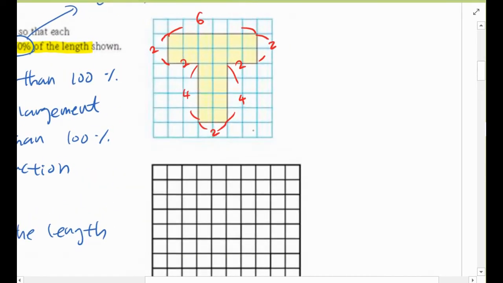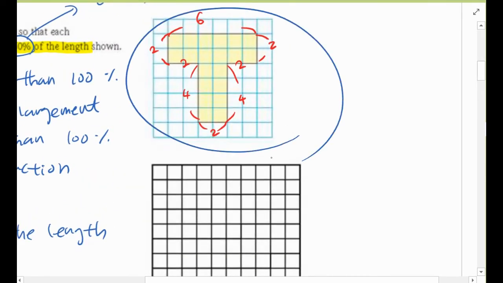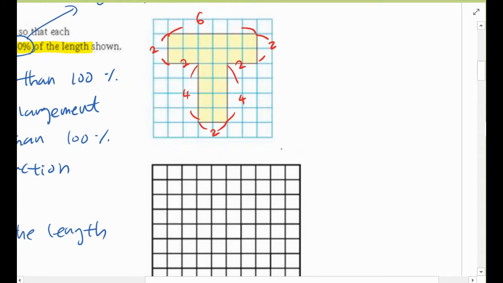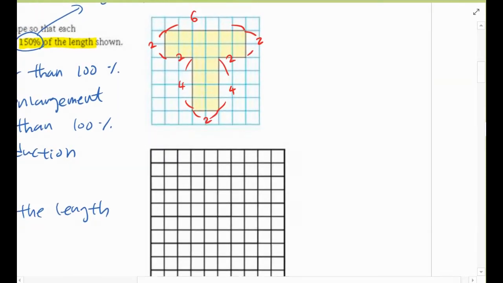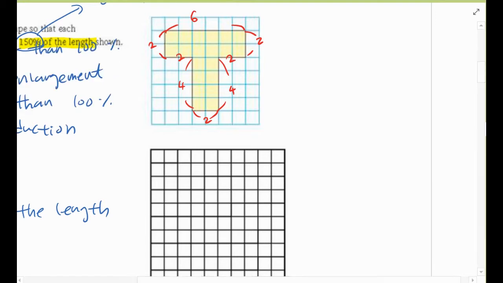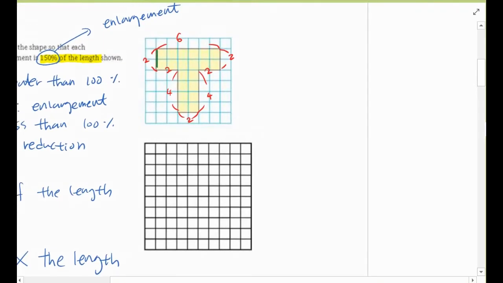Okay, so we already wrote all the measurements, all the lengths here. So what we're going to do is multiply by 1.5. So 2 times 1.5, that is 3. You can just do it using your calculator. If it is confusing, use your calculator. So 2 centimeters becomes 3, right?